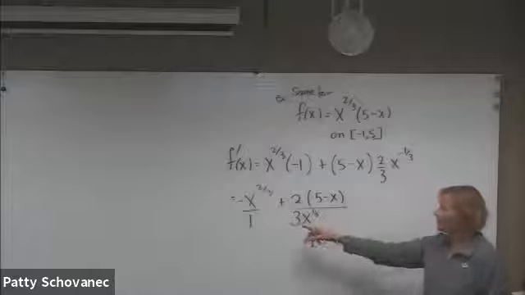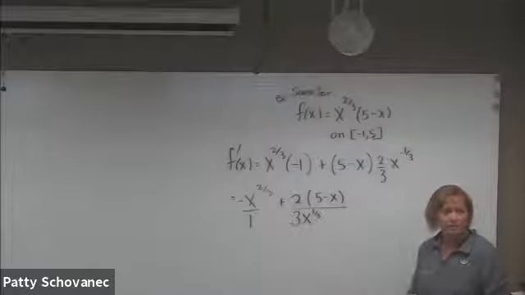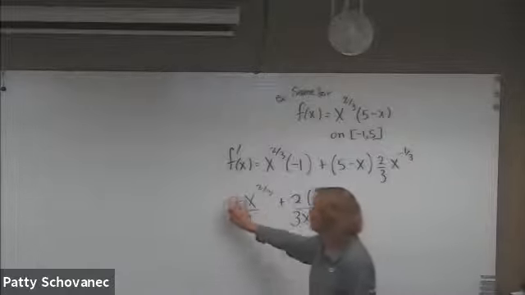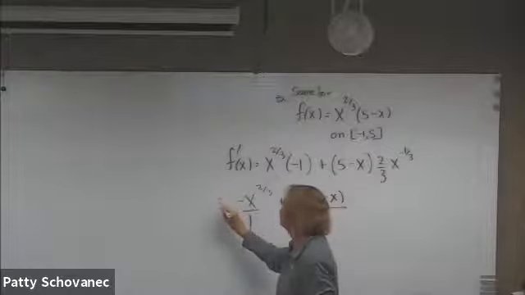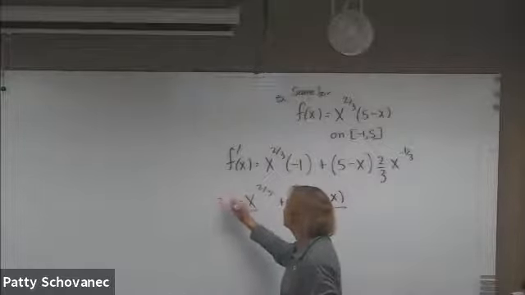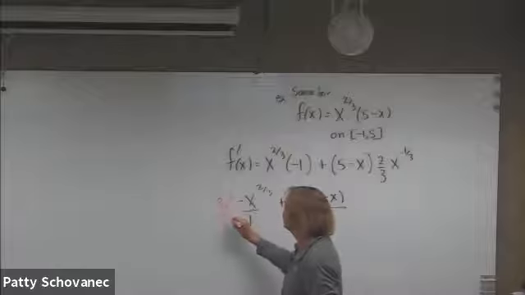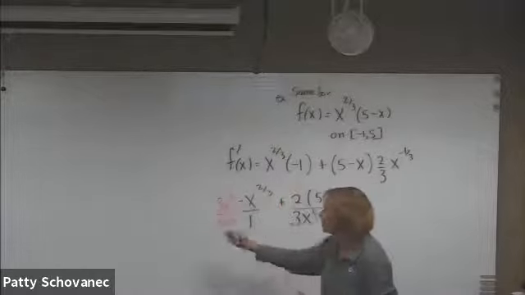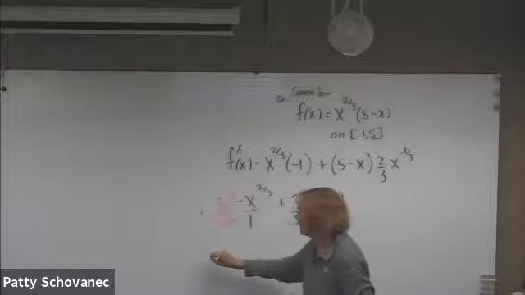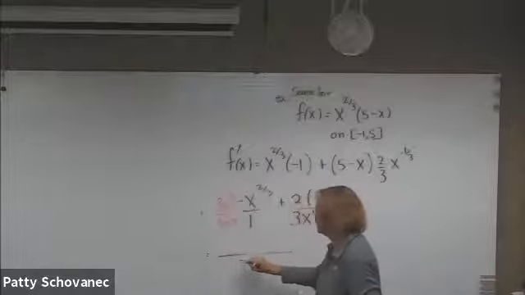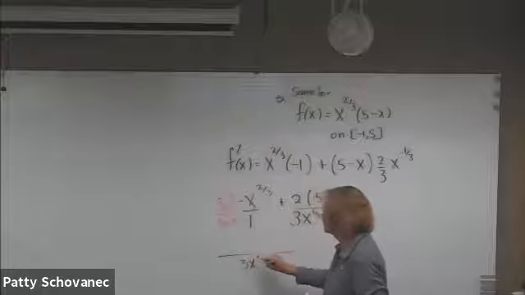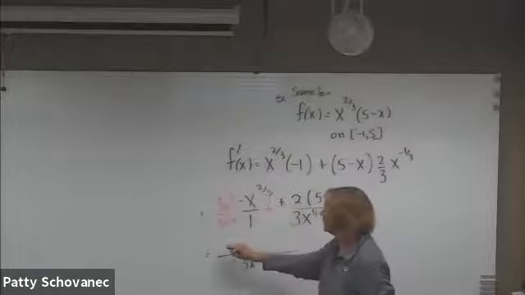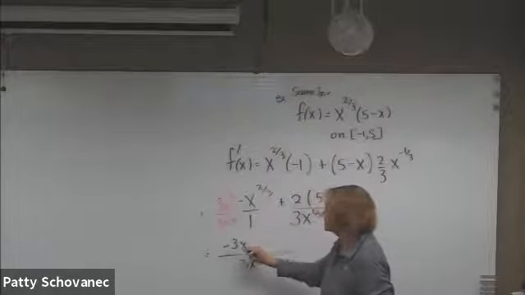I'm going to combine them by getting a common denominator. There's the common denominator. We'll multiply it out here. When you multiply like bases, you add exponents. So when I multiply that out, I just get -3x.